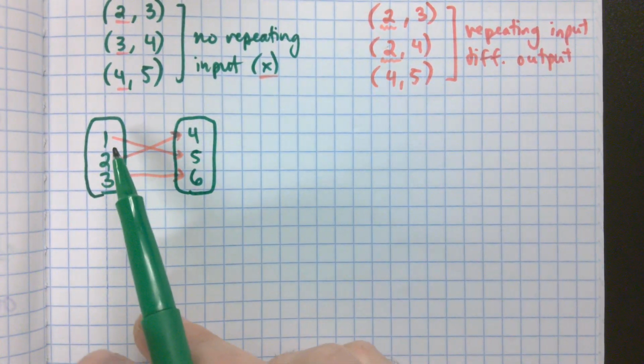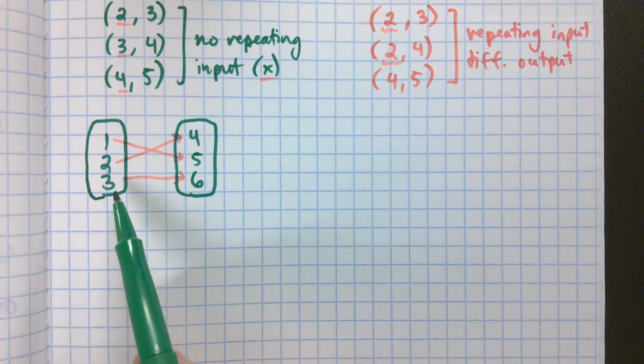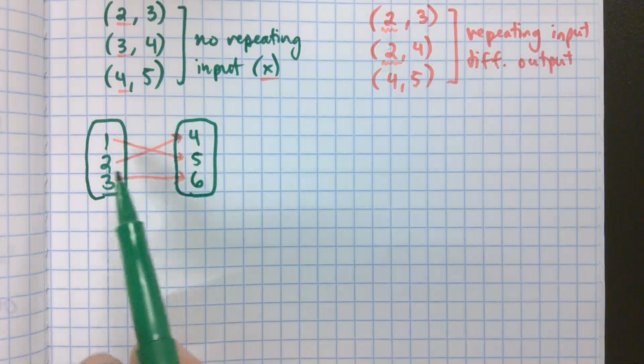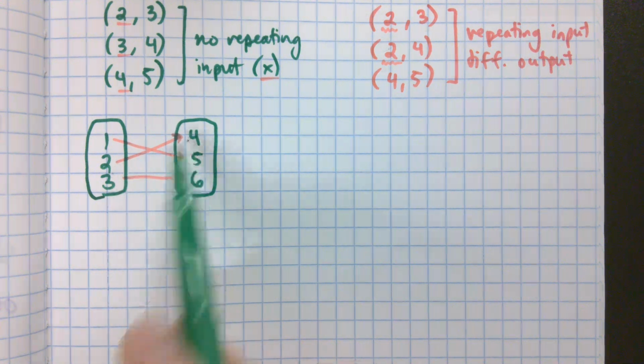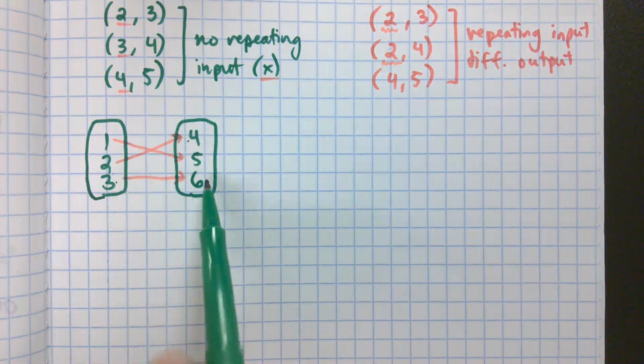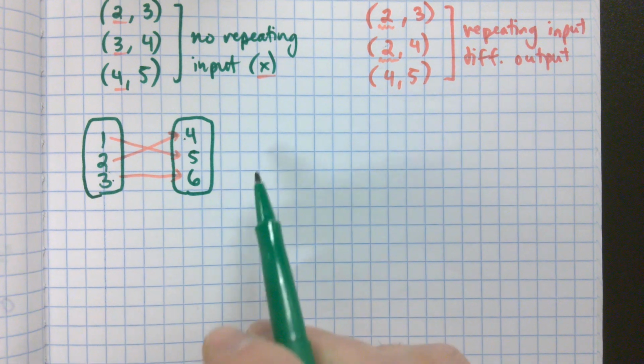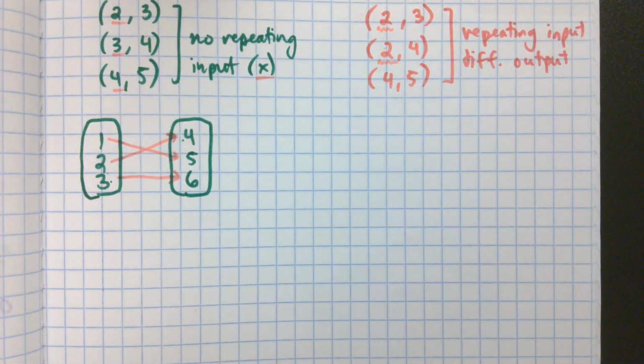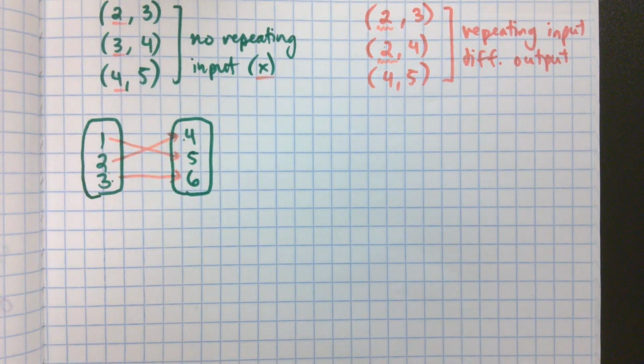So because there's no repeating inputs, right? 1 has a single output, 2 has a single unique output, and 3 has a single unique output, this is a function. Each input has exactly 1 output.